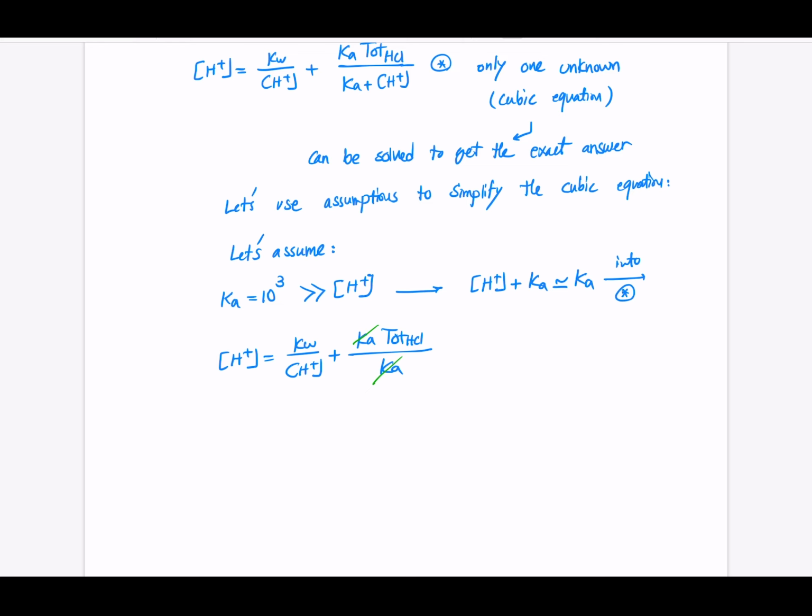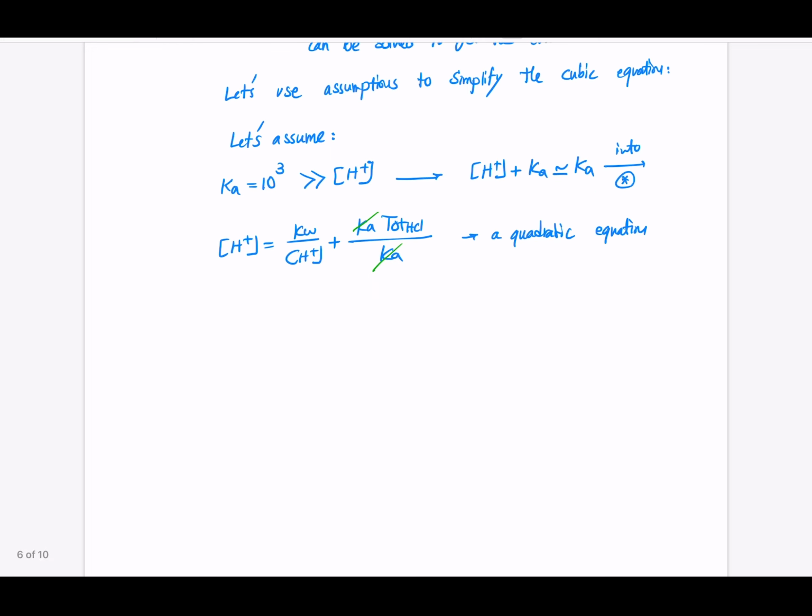And now what kind of equation is this? It's quadratic. This is the second order. So this would be basically a quadratic equation, and it's easier to deal with.